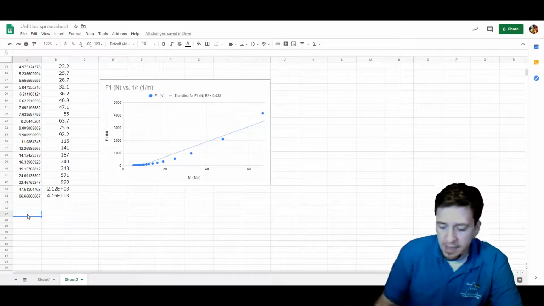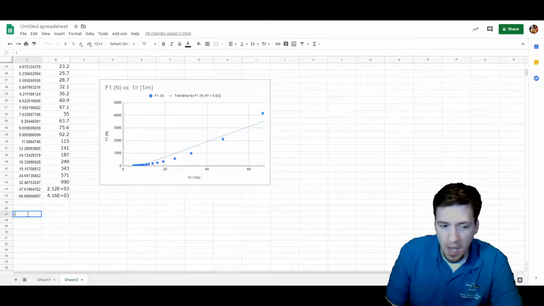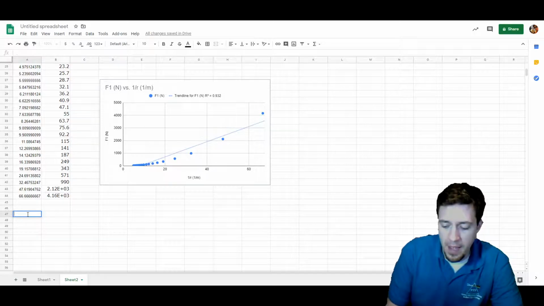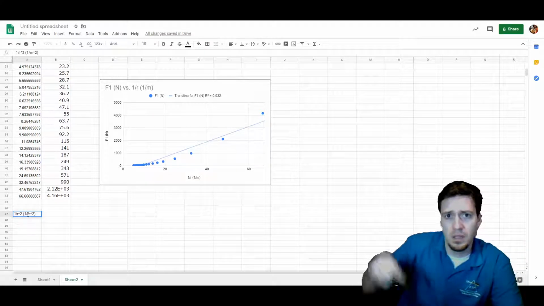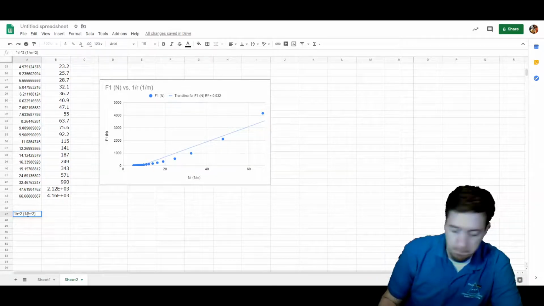So now I'm going to have to take that data, so now I'm going to have 1 over R, but I'm going to square that, so that's going to end up being 1 divided by R, but that's going to be raised to the second power, and then that's 1 divided by meters raised to the second power. Note that the square is in the denominator there.